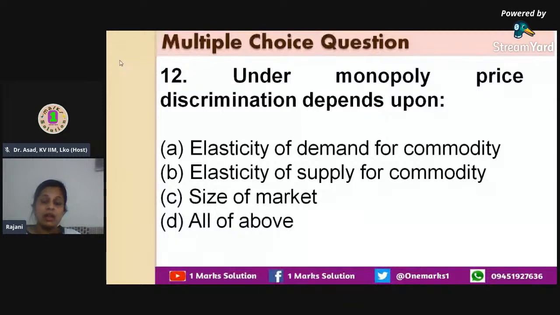We know that market demand is a decreasing function of price. So highly elastic means they should think about their strategy, so they can adopt this price discrimination policy. So elasticity of demand for the commodity is the correct answer for this question. Okay, coming to the next one.